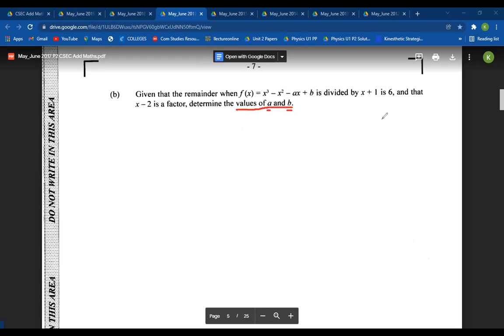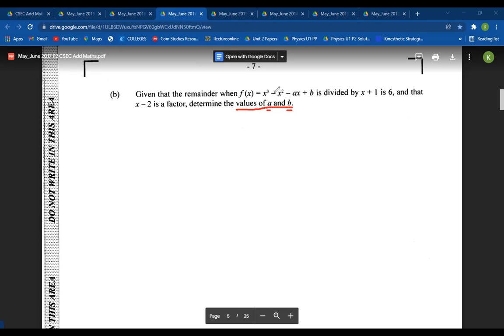Not just for this topic. In any math question, if you see two values that they want you to find, most likely you're going to end up with two equations and you have to solve them simultaneously to find the values of the two constants. So just remember that, not just for this topic, not just for this subject, but any math related thing.